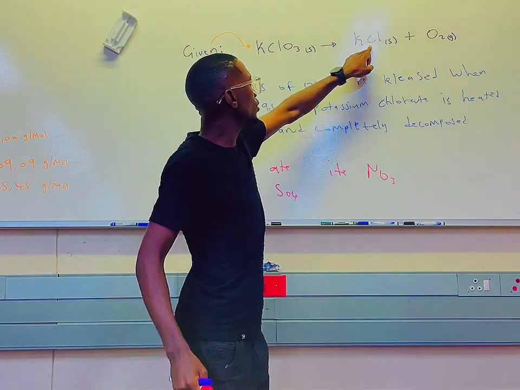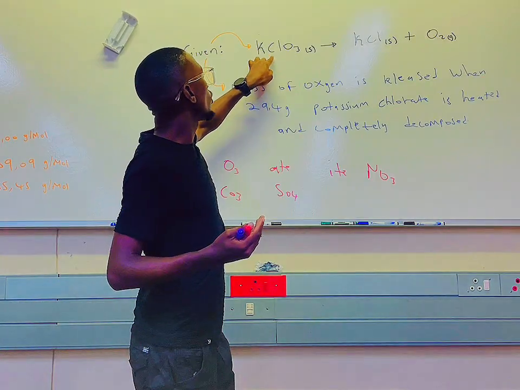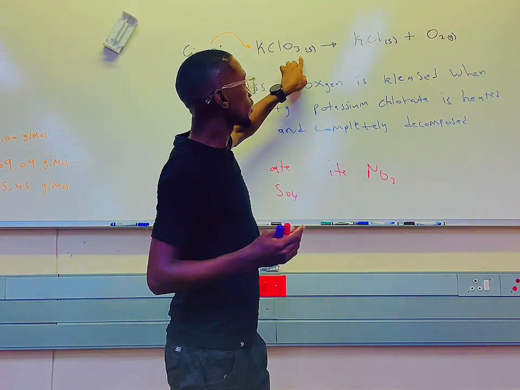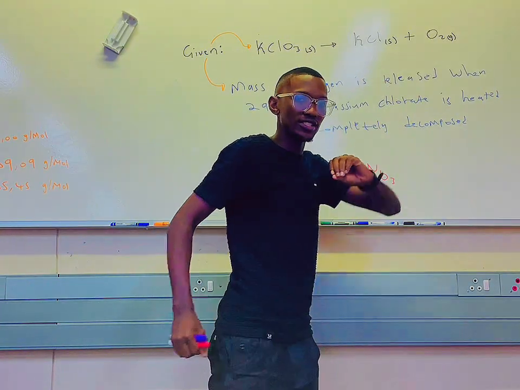Now we have potassium chloride. Basically, we're decomposing potassium chlorate into potassium chloride, which is our salt, and oxygen gas.